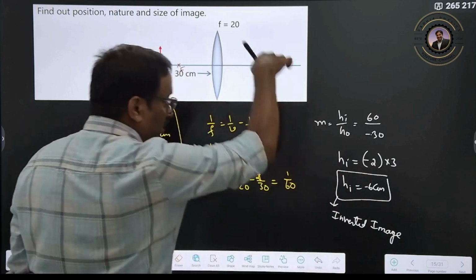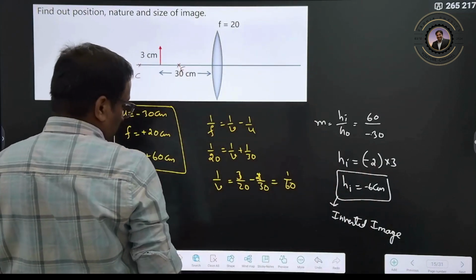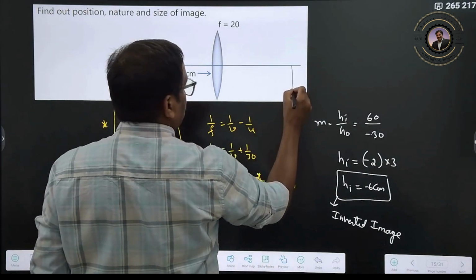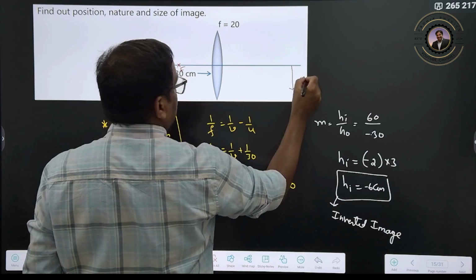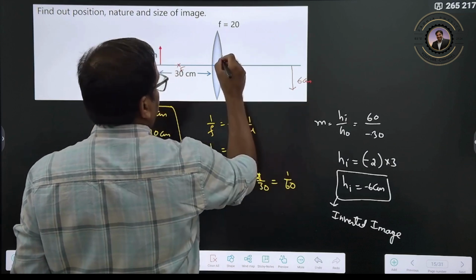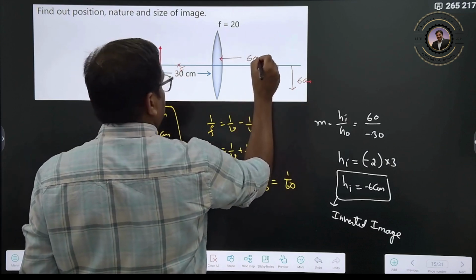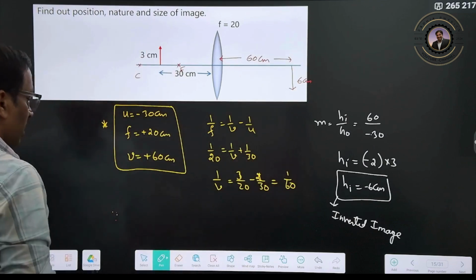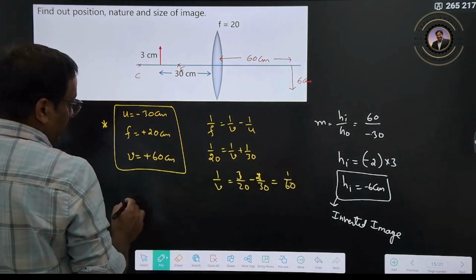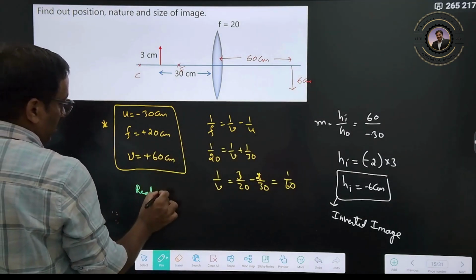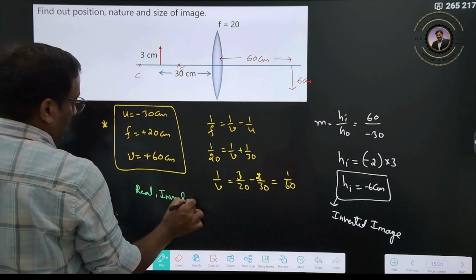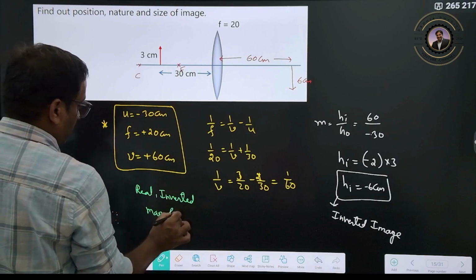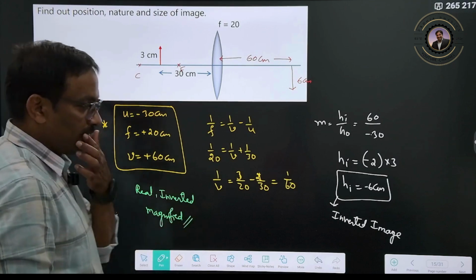Understood? Minus means downward, clear? So this is your 6 centimeter, and this distance is 60 centimeter, clear? So the image is real, inverted, magnified, clear?